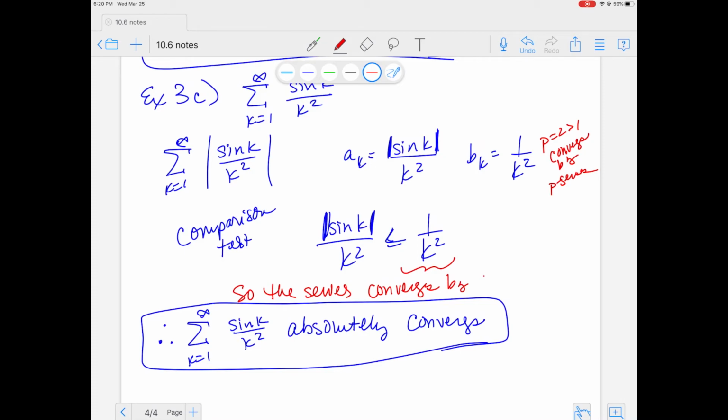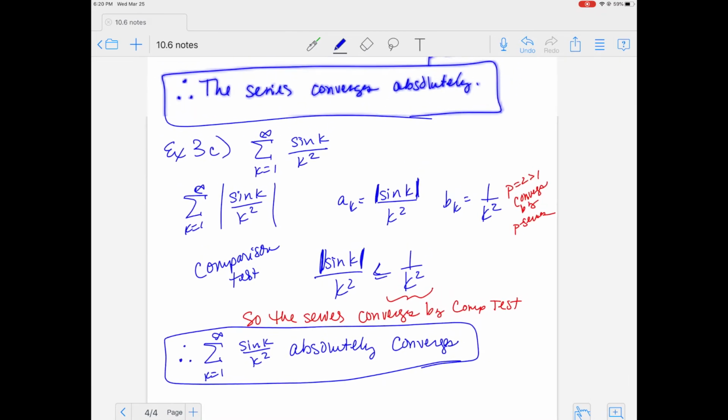This is by a comparison test, because absolute convergence implies convergence, right? So I know that this absolutely converges because I'm showing convergence from the absolute.